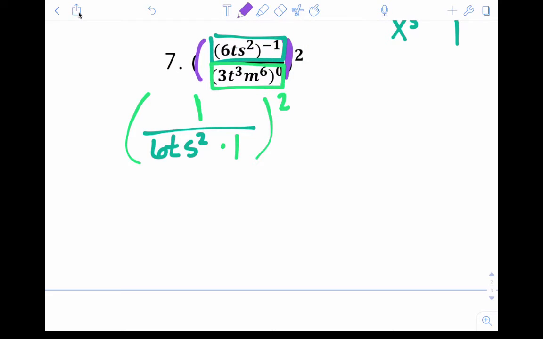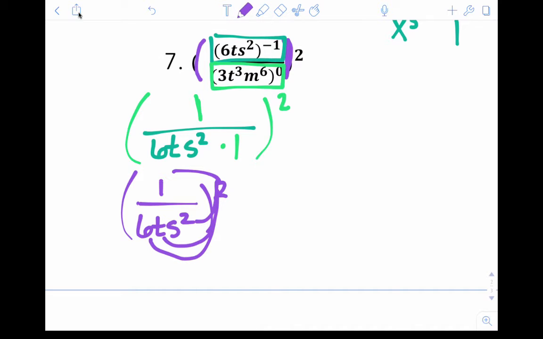So I'm going to simplify that, and then I will distribute that squared. So I'm going to write this as 1 over 6ts squared to the 2nd power. And then I need to distribute that exponent to every single part of this parenthesis. So 1 squared is still 1.